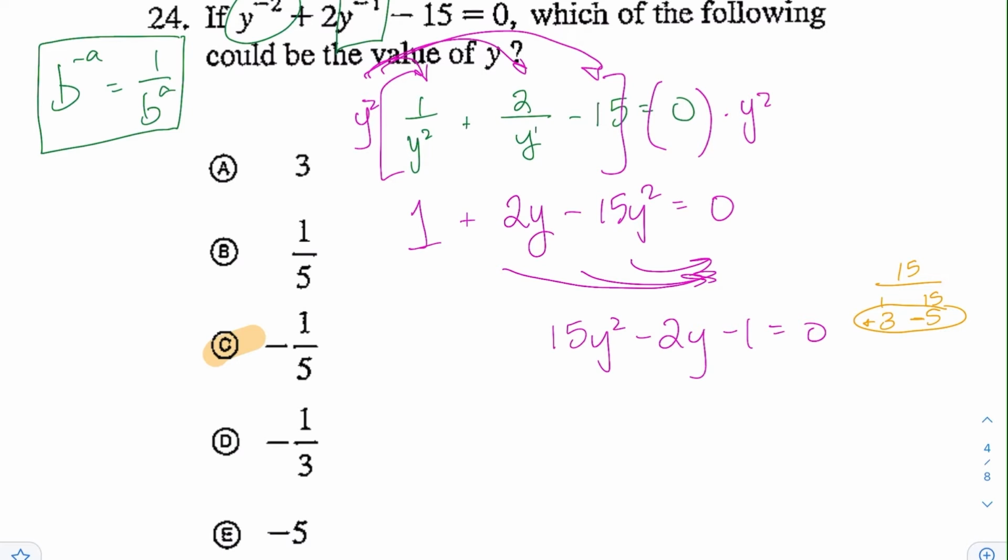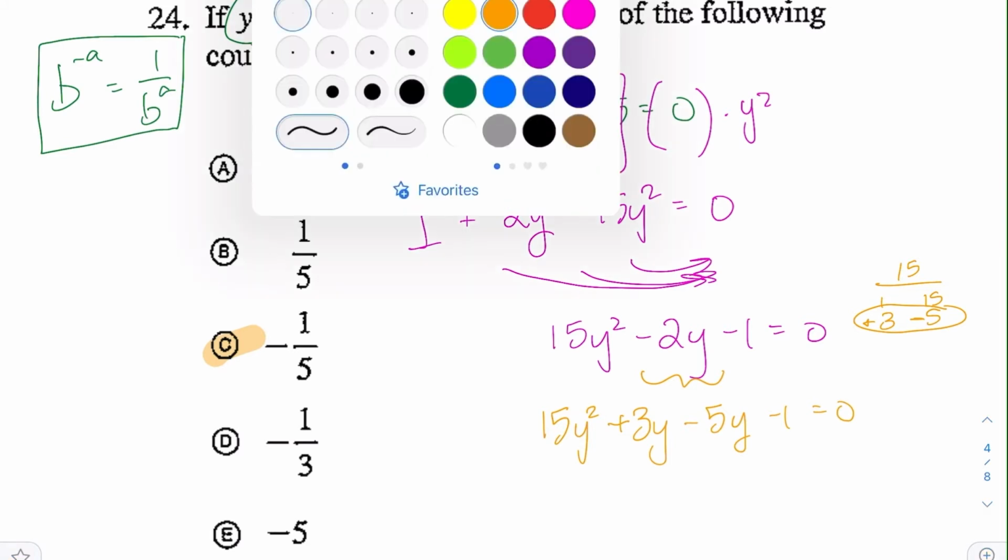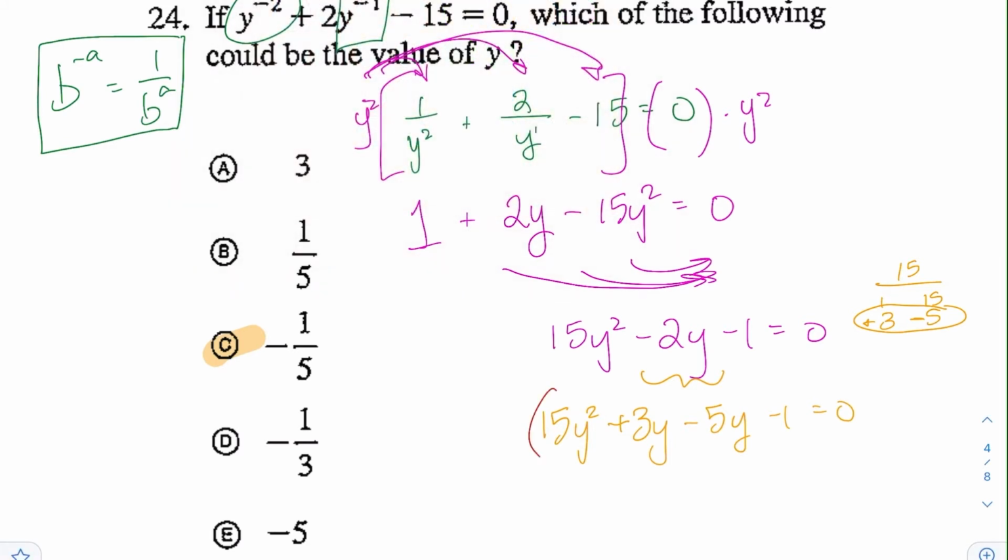So you will break down negative 2y as positive 3y minus 5y. And from here, you can factor out separately. Here you can factor out 3y. And from the second one, you would have to factor out negative 1.